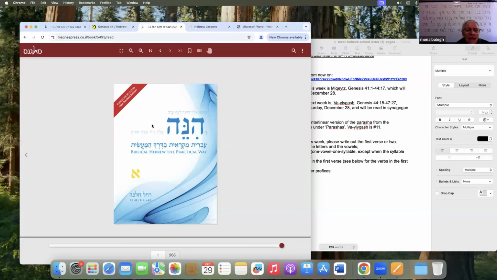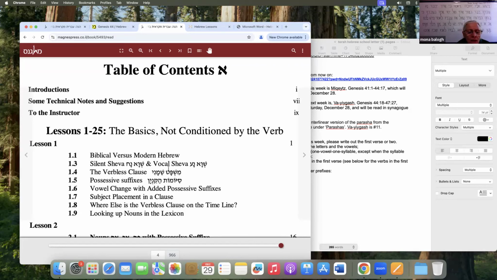Biblical versus modern Hebrew, the silent shavah or the vocal shavah. Now, notice these are pronunciation lessons. They're very, very secondary to meaning lessons. When you have meaning lessons, then you understand biblical Hebrew. If you just have pronunciation lessons, it's not that important. But you do need to be able to pronounce the words when you're reading the Hebrew out loud.